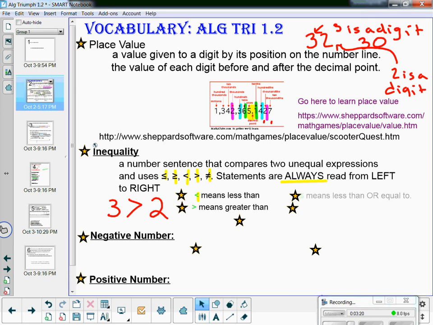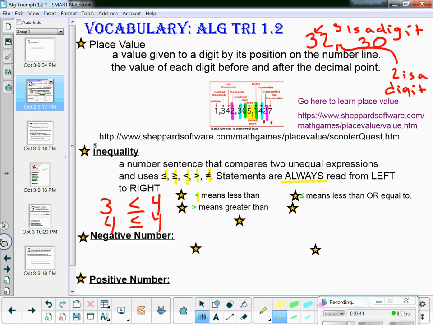Our next symbol. This means less than or equal to. One of 2 things is going to be true. So let's look at an example. 3 and 4, 4 and 4. 3 is less than or equal to 4.